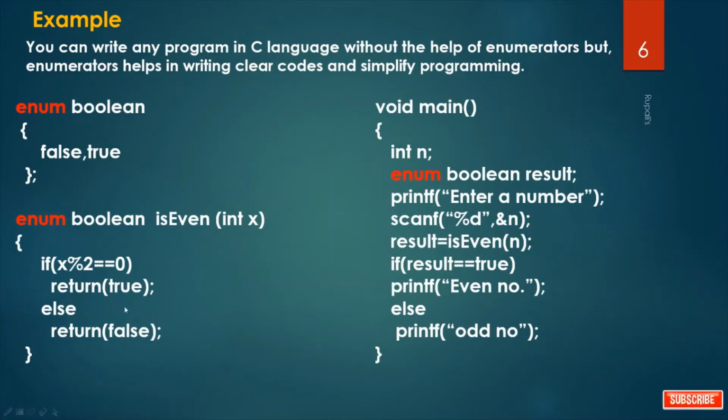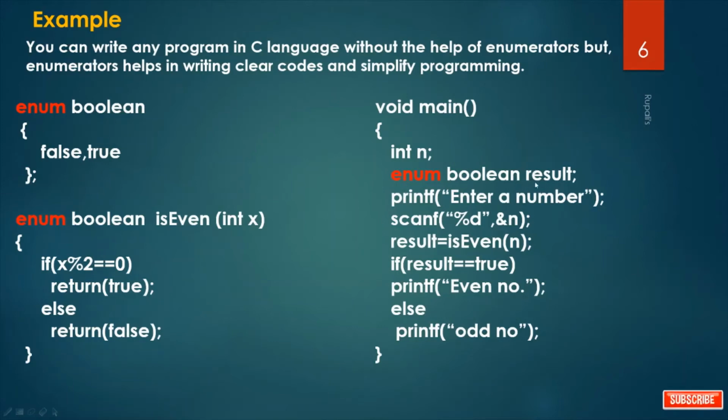So true and false are of which type? They are of this boolean type, enum boolean type. So the return type is enum boolean. It returns the result and that result will be stored in this variable result.